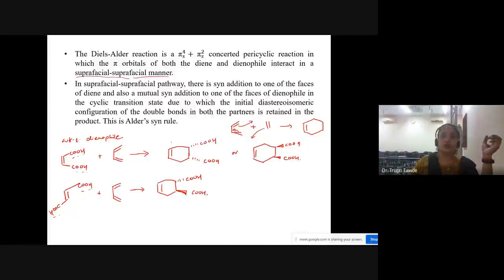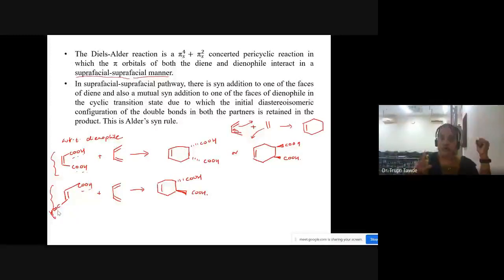So if the two COOH groups are cis to each other, they'll be cis to each other in the product also. And if they are trans to each other, that will be observed in the product as well.